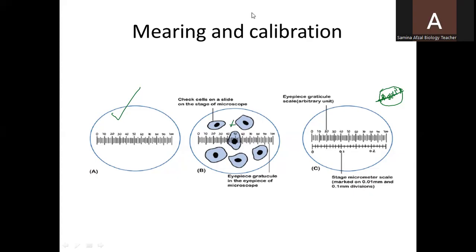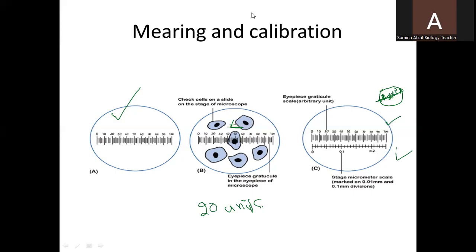You can see this cell is between 40 and 60, it means this cell consists of 20 units. And if we calibrate the eyepiece reticule, the lower one is the stage micrometer.